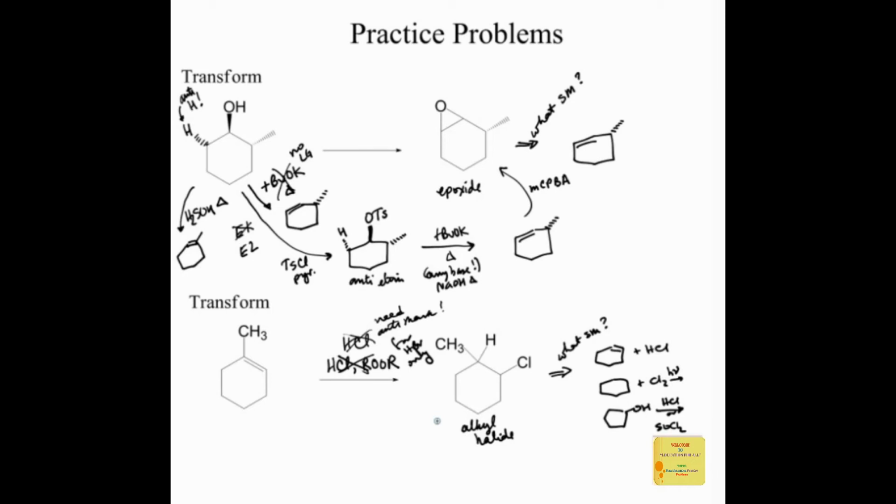So we can't do that for the chlorination reaction. Okay, so instead, I think we're going to want to go through this route and say, well, let's put an OH group here first. And if I had an OH here, then I can convert that OH to a halide, to a chloride.